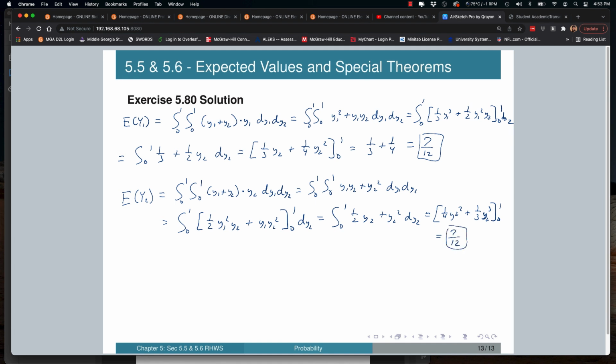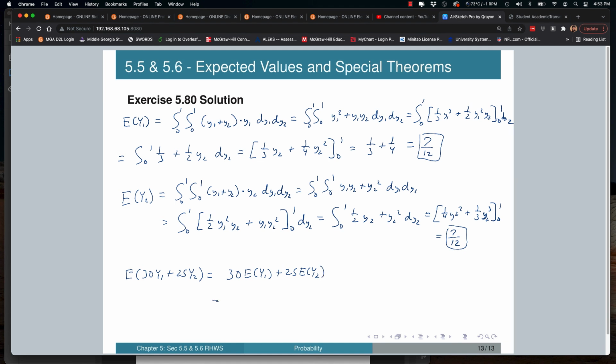So we've got those two pieces. Now we can find the expected value of 30 y sub 1 plus 25 y sub 2, which is just 30 times the expected value of y sub 1 plus 25 times the expected value of y sub 2.